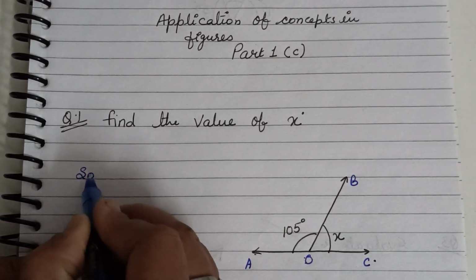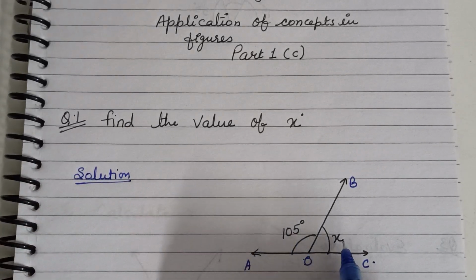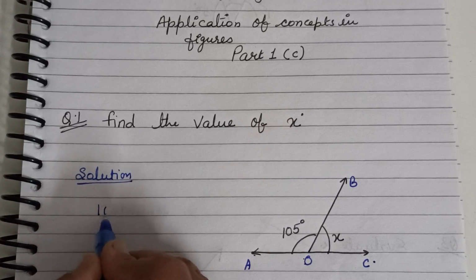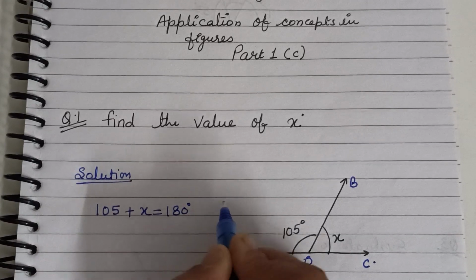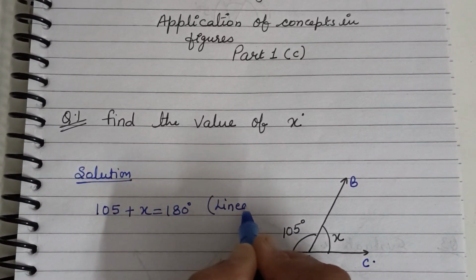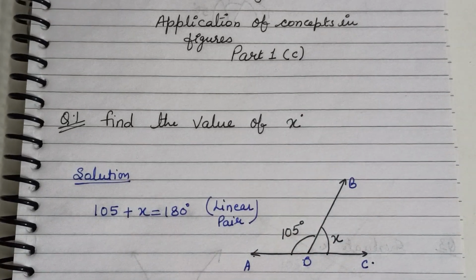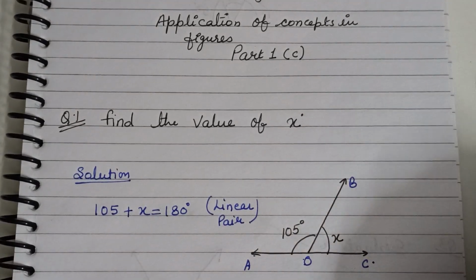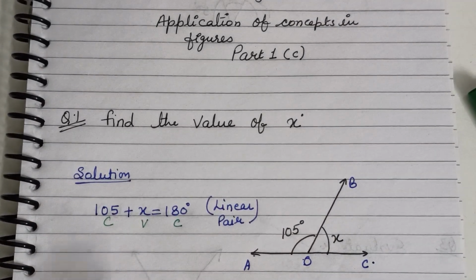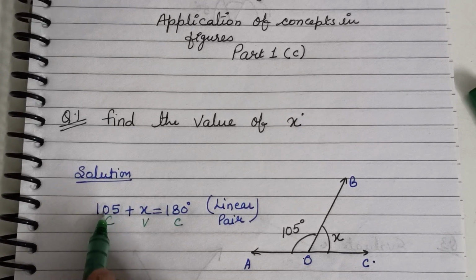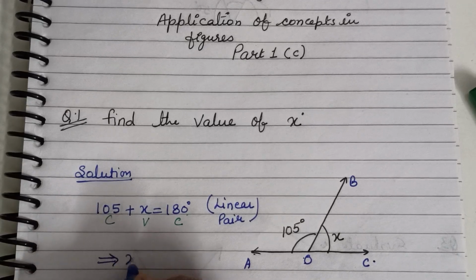So what solution will we write here? As we know, in the linear pair, as there are two angles, the sum of the two angles is equal to 180 degrees. Write down the reason: linear pair. Now on the left hand side we can see that there is one variable x and a constant, and on the right hand side there is one constant. Move this constant from the left hand side to the right hand side, and on the left hand side only x is left.